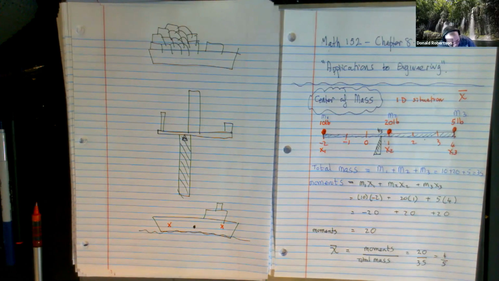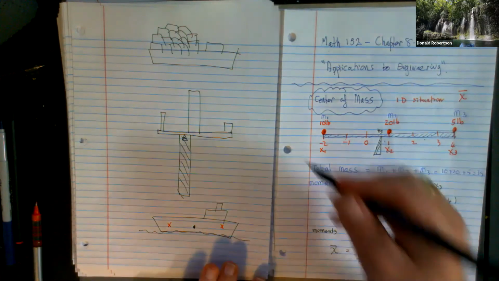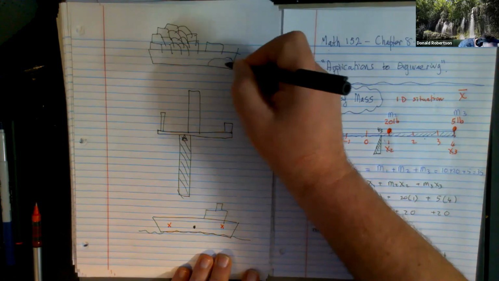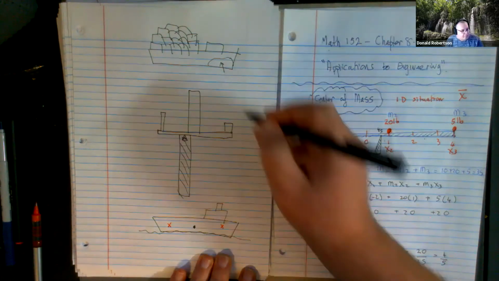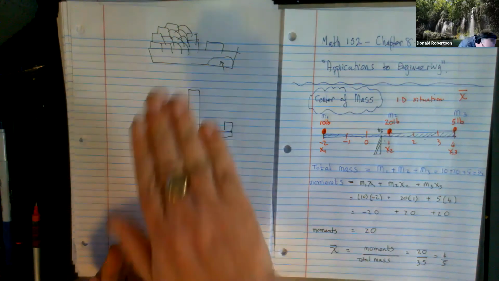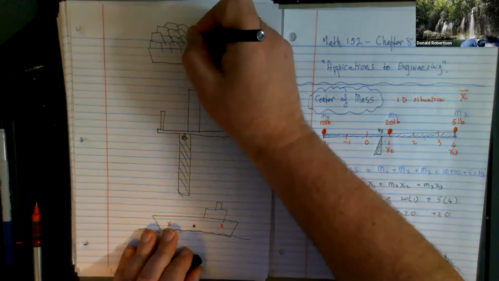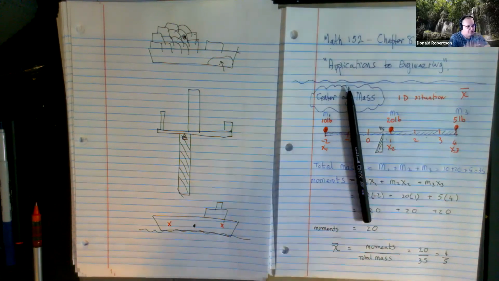Those ships, unless you fill ballast, which is basically tanks that you put heavy water into, almost always have a bad center of mass. And what can happen? If they get hit side on and the center of mass is really high up, if the wind catches it, doesn't it act like a sail and push it over?